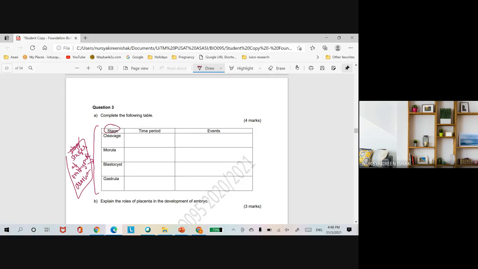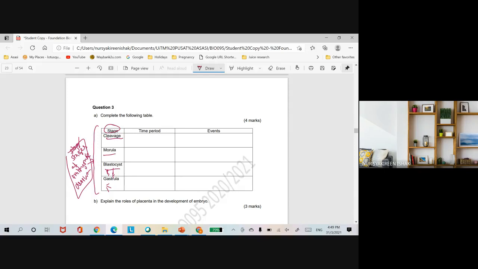Okay. So first stage kita ada mula kita ada fertilization, and then after fertilization is cleavage. In the process of cleavage akan terhasil morula. Okay. So daripada morula jadi blastocyst. Kan? So blastocyst dia akan form 3 germ layers. Okay, daripada blastocyst dia akan divide into 3 germ layers, which is the ectoderm, mesoderm and also endoderm.